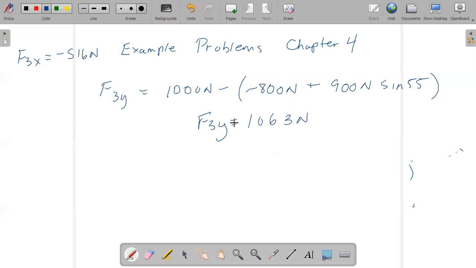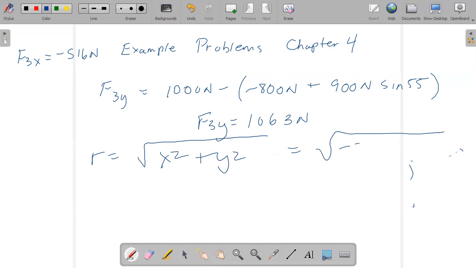Now we have the Cartesian coordinates, and we need to convert them into polar. That's a pretty simple matter. So R equals the square root of x squared plus y squared, equals the square root of negative 516 newtons quantity squared plus 1063 newtons quantity squared. I'll leave that to your pleasure.